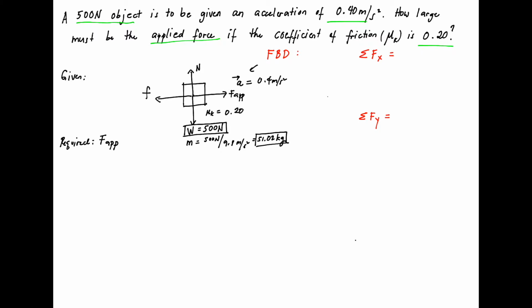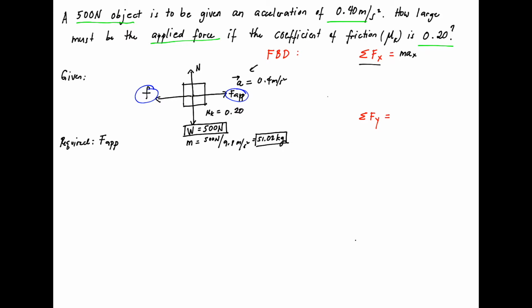So let's try to write now the summation of Fx. Remember that the summation of Fx is equals to mass multiplied to the acceleration in the x component. So getting now the value of all the Fx, we have there the F up and the frictional force.